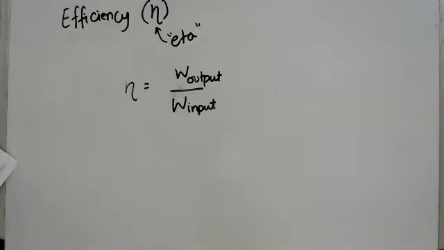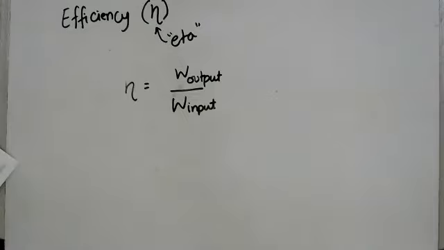Why is that so? Well, that's because most machines involve some overcoming of friction. Okay, and friction is something that we do not require. We don't want our machines to have friction in general, and the overcoming of the friction is not part of the deal. So therefore the friction takes away part of the input energy into overcoming itself.